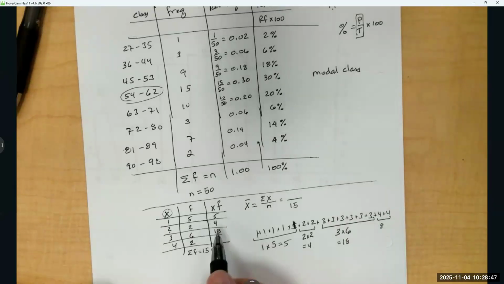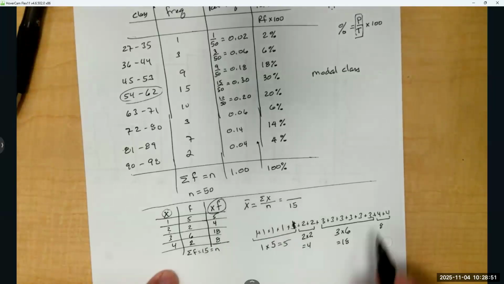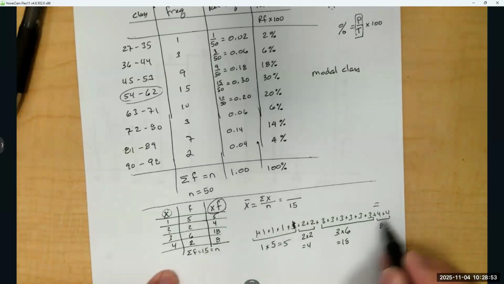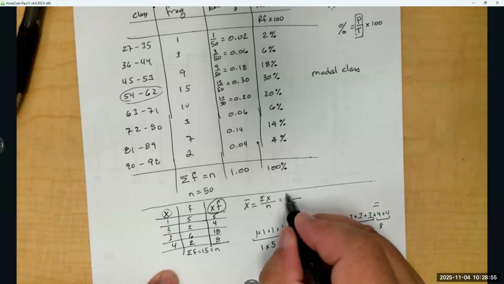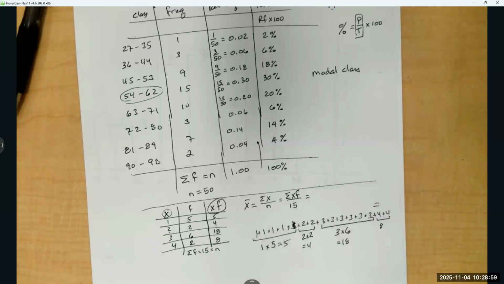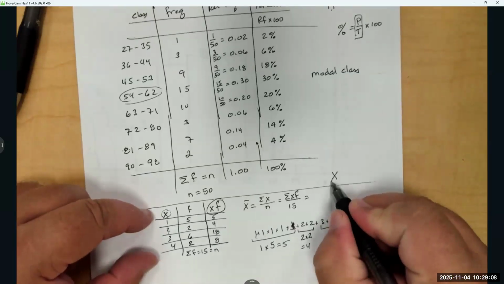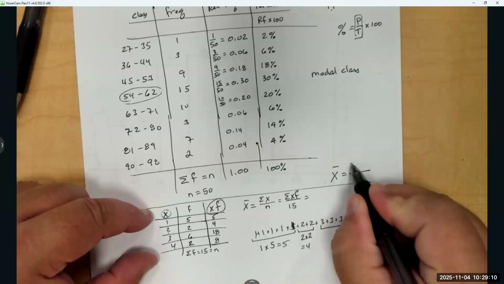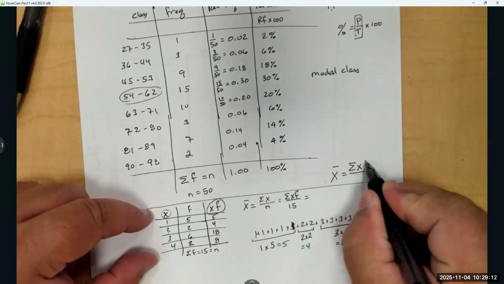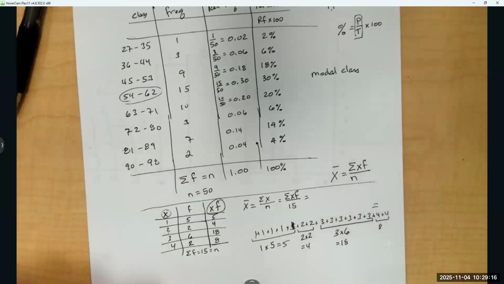So when we have frequency distributions, adding up all of these is the same as adding up this whole big list. So the summation of x times f over 15. Whenever you have frequency distributions, the mean is your x values times how many times they occur, divided by n. That's your average.